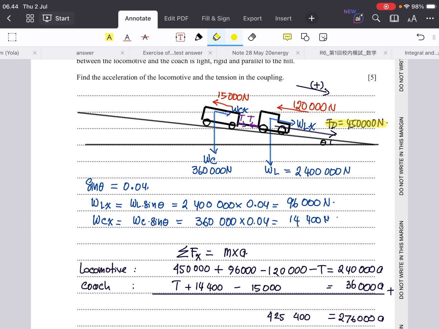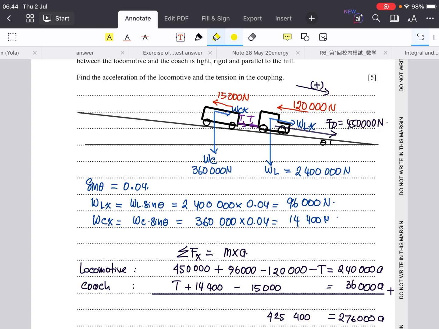So F_d is positive 450,000 Newtons. And then W_LX is also positive, 96,000. For the resistance, since it opposes the motion, it is negative 120,000 Newtons.